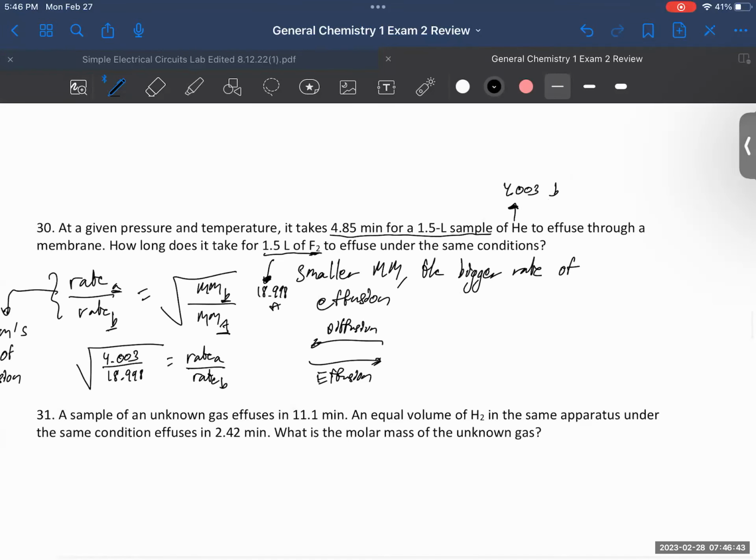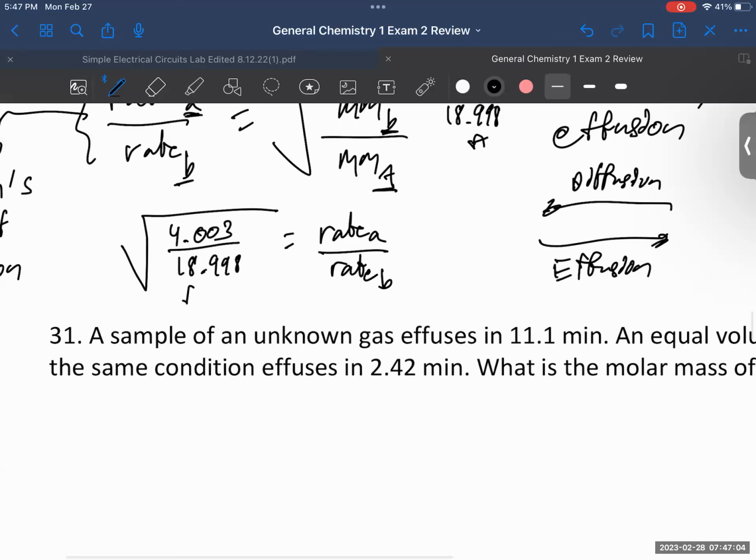All right. So to do this, square root it. 4.003 divided by 18.998. Get that, 0.21. Then we'll square root it real quick. So this is equal to 0.46.